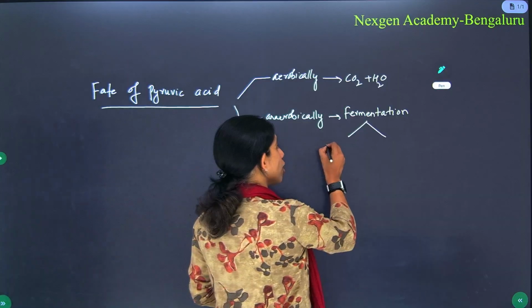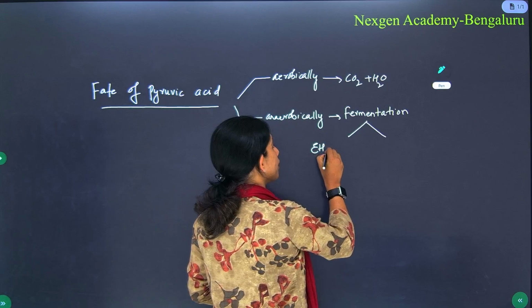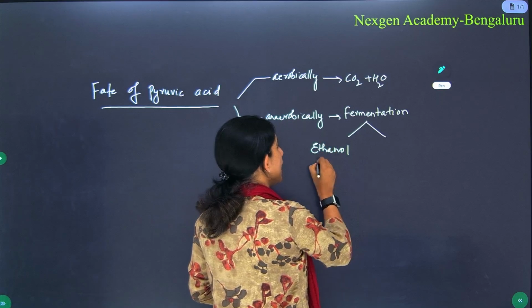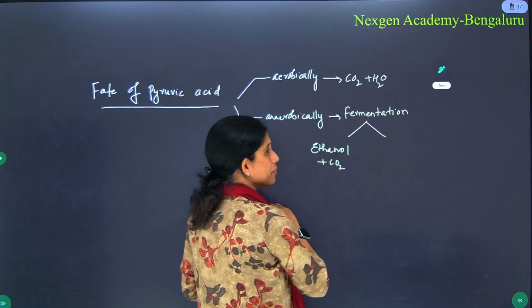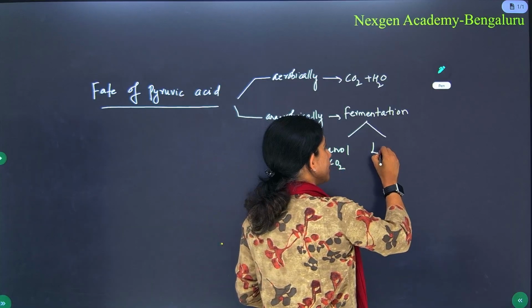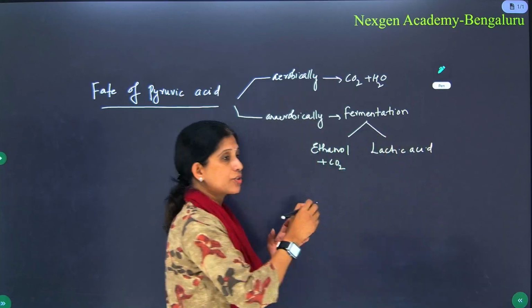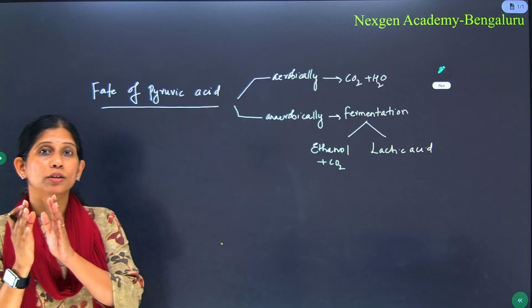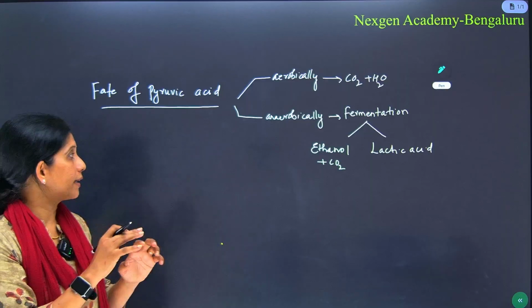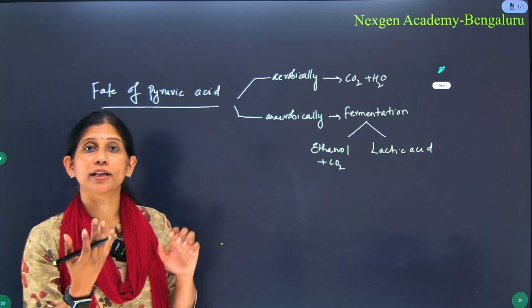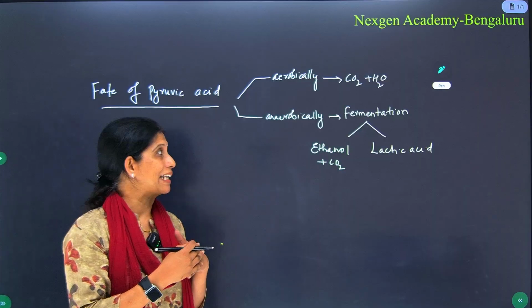One is ethanol fermentation, where the byproducts will be ethanol and carbon dioxide, and the other is lactic acid fermentation, where the product is lactic acid.